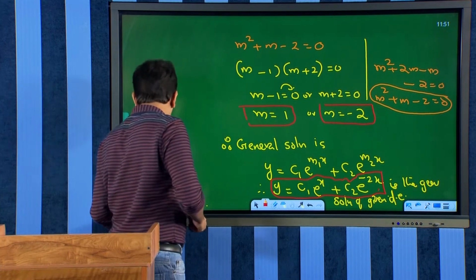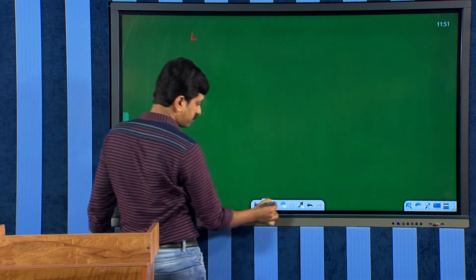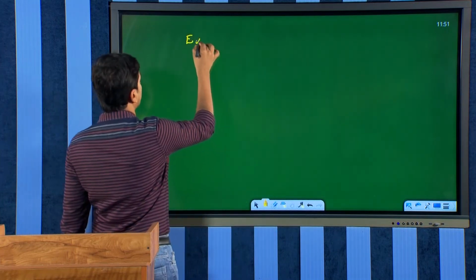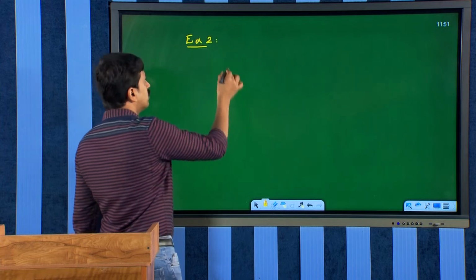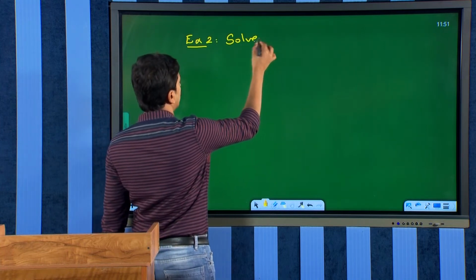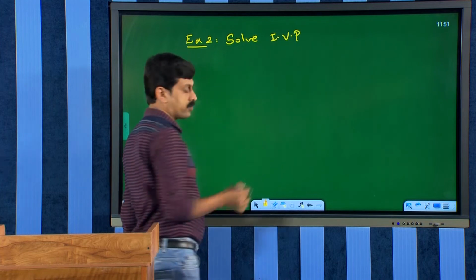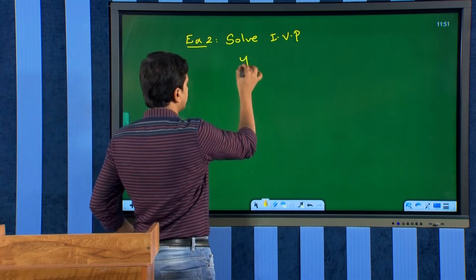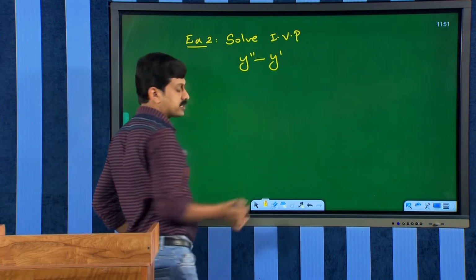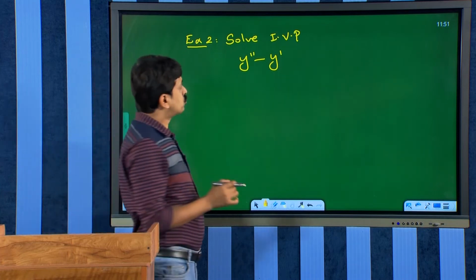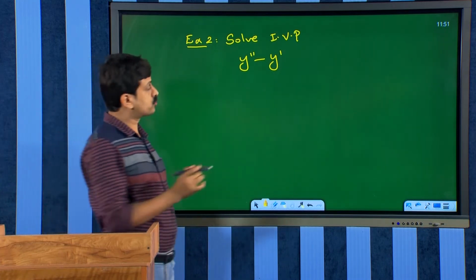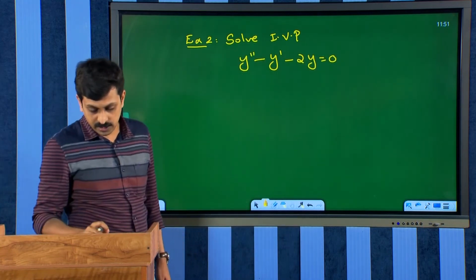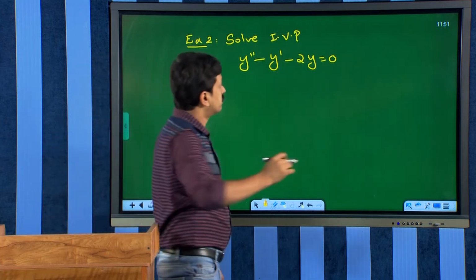Okay, we can move on to one more example. Example 2: solve an IVP, initial value problem. y double dash minus y dash minus 2y equal to 0, with y of 0 equal to 0 and y dash of 0 equal to 1.